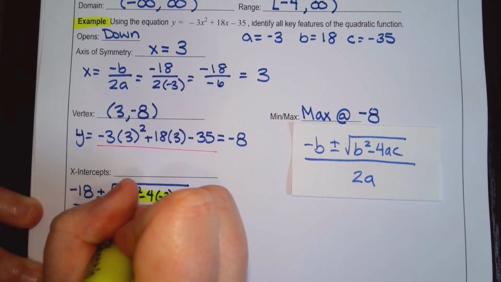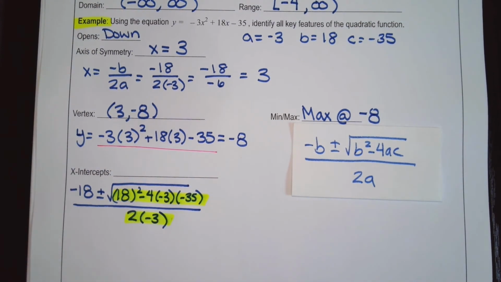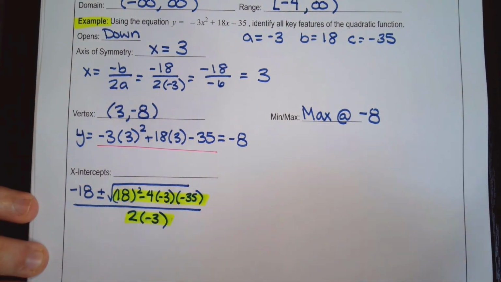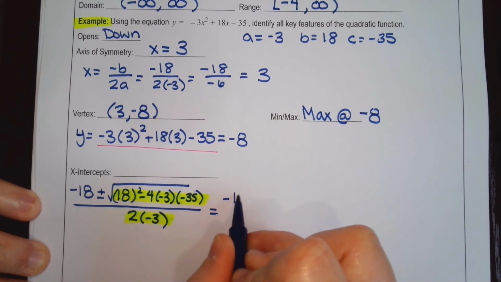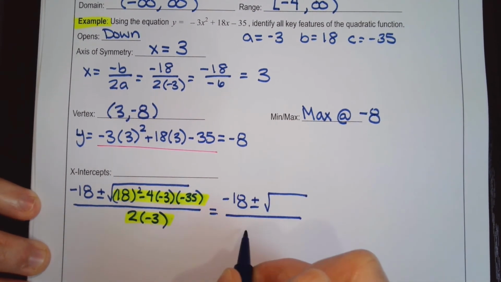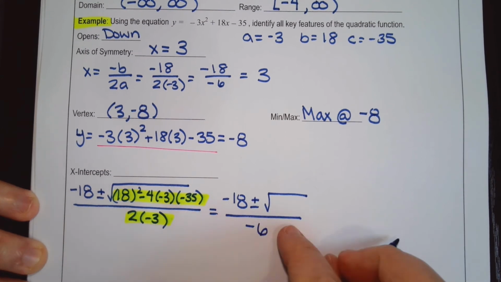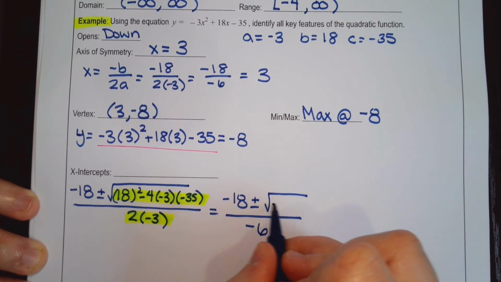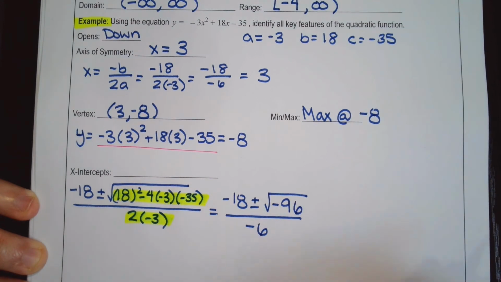Simplify underneath the radical and in the denominator. So we get -18 plus or minus the square root all over -6. So inside the square root, we end up with -96.